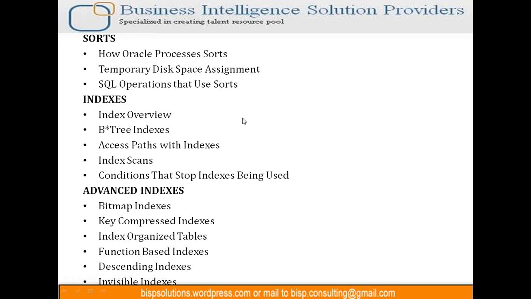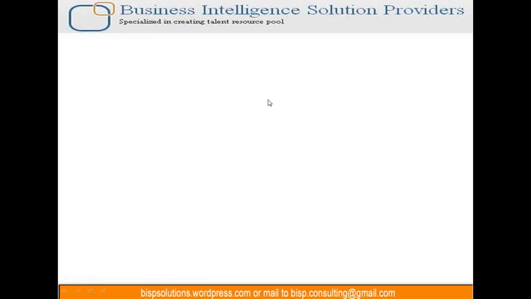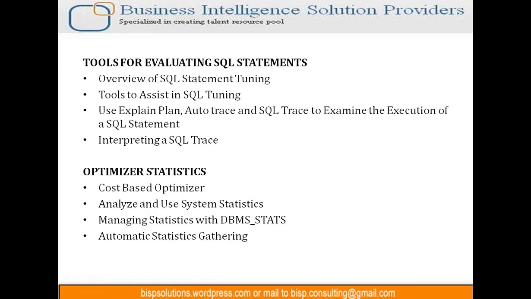Continuing with this, we will have a look at indexes. Right, what I'll do is maybe go back and tell you what I was talking about. These are the tools that will help us in evaluating our SQL statements.